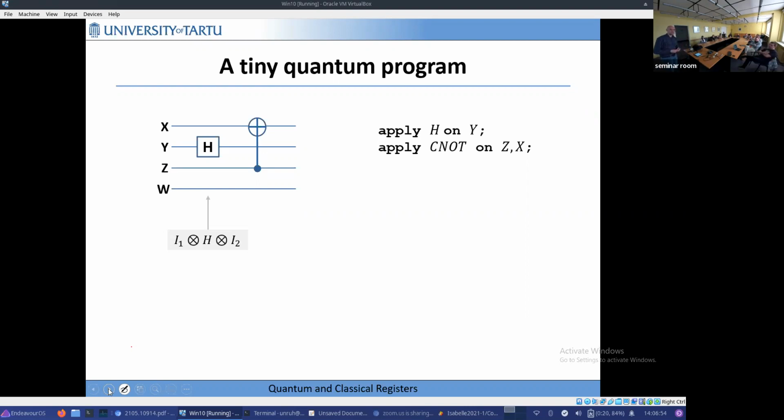Well, this is pretty easy, one would say, because we have the tensor product. The tensor product, in quantum mechanics, has the effect of just doing 2 things in parallel. In the classical setting, the analog would be just the product of 2 functions, so 2 inputs in parallel to 2 outputs. So I can just write this: the identity on 1 qubit, tensor the Hadamard, tensor the identity on 2 qubits. Very easy.